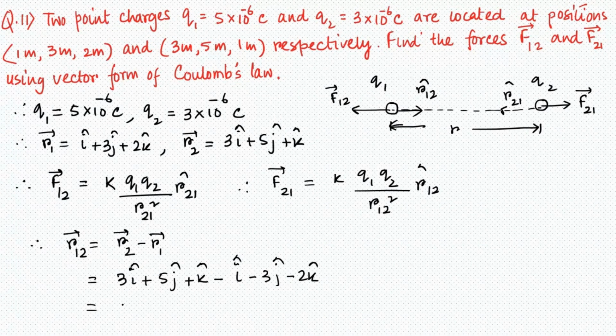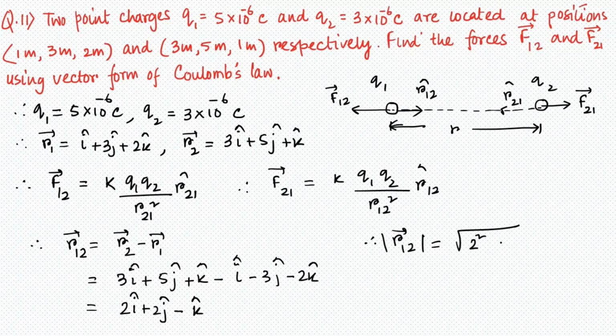So this would be 2i cap plus 2j cap minus k cap. So the mod of r12 is equal to square root of 2 square plus 2 square plus minus 1 square, which is equal to square root of 9, that means 3.